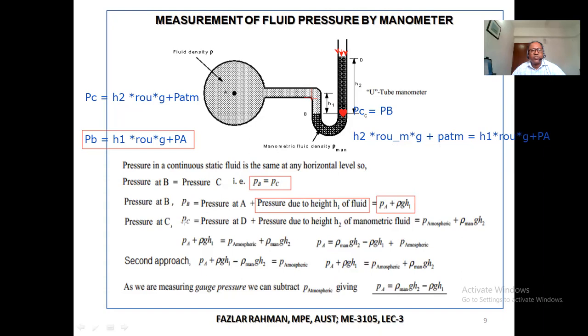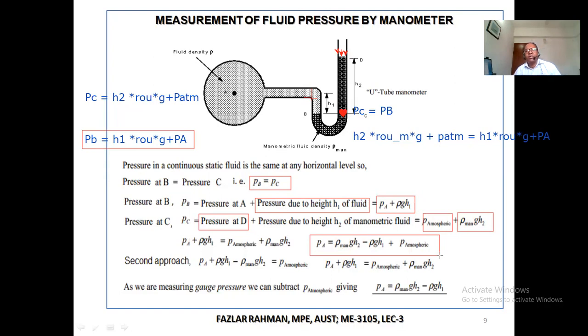PA plus H1 rho G. Similarly, pressure at point C is the same as pressure at point D. What is pressure at point D? It is atmospheric pressure plus this height of the fluid. What is the height of the fluid? H2. So it is H2 rho manometric G H2. Then from there, figure out the PA.